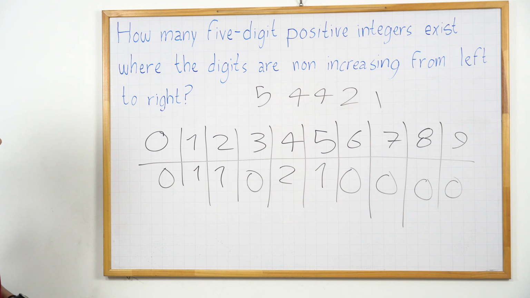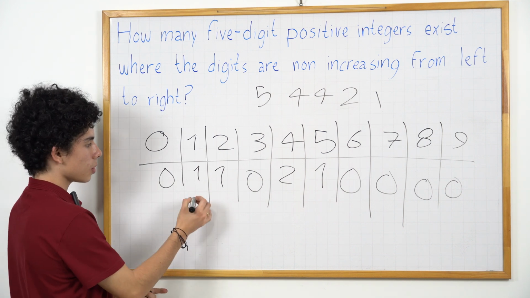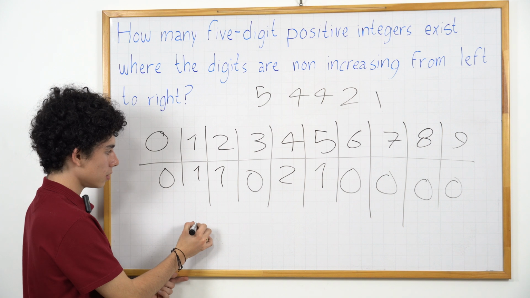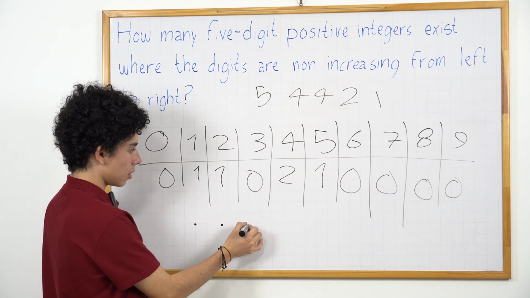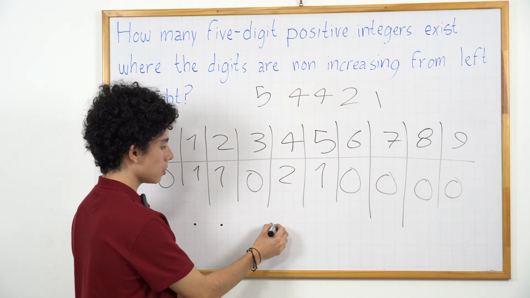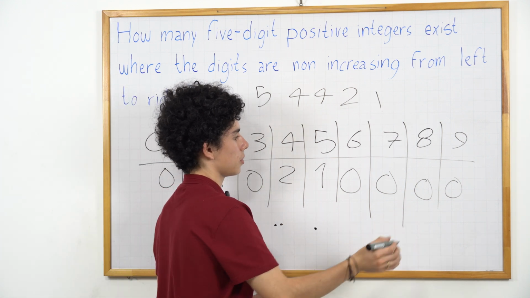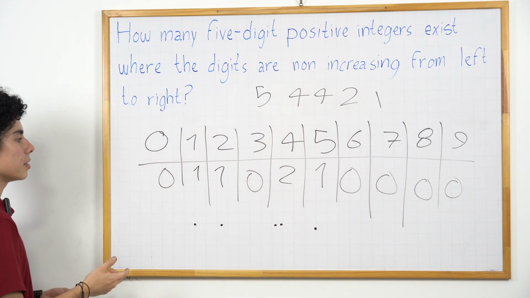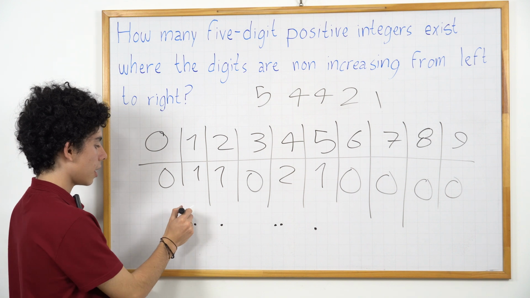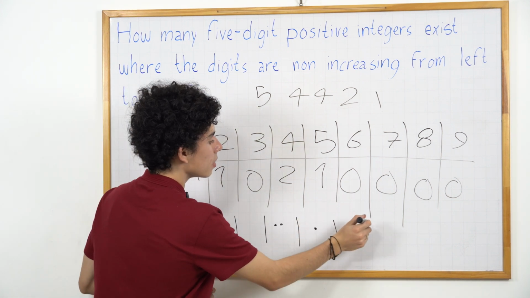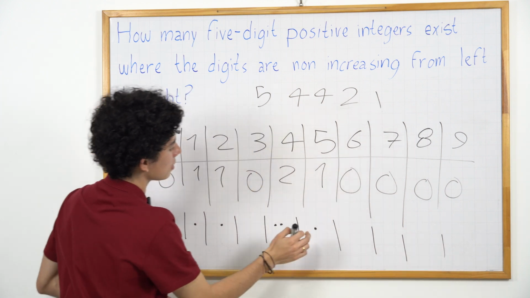In order to know this, we can use another representation of this number. This could be a dot, this is nothing, 0 dots, this is 2 dots, this is 1 dot, and then nothing. And then take the dividers. These dividers are important because they tell me the value of each dot.